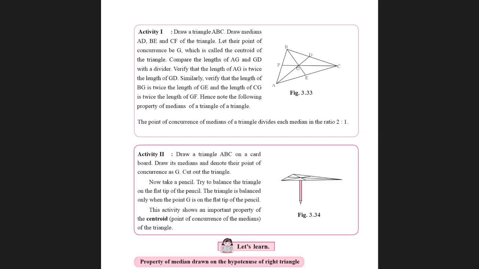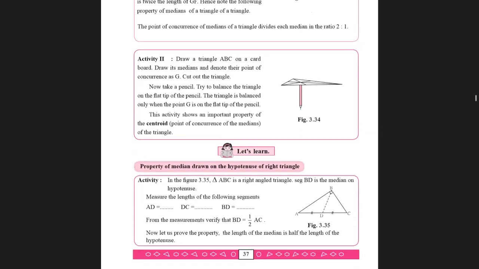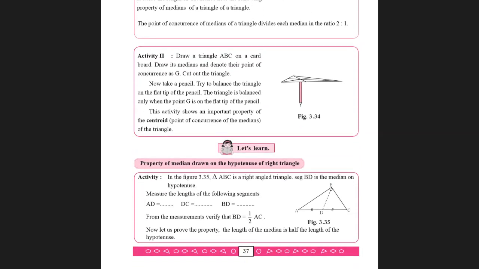Now, activity 2 says, if you were to make a cutout of a triangle and draw the medians to it, you keep a pointed pencil at the centroid, that is a point where all the medians meet, you would easily be able to balance it as it is shown in figure 3.34.